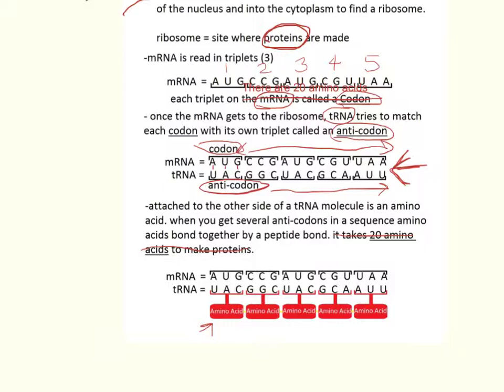That's kind of like a checkoff. If I have UAG, I bring an amino acid that pairs with it by making sure it's attached to UAC, and that's a check. Then we go to the next one, check, next one, check, till we get the protein that we need.